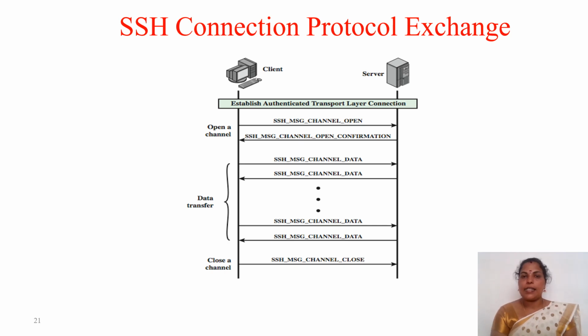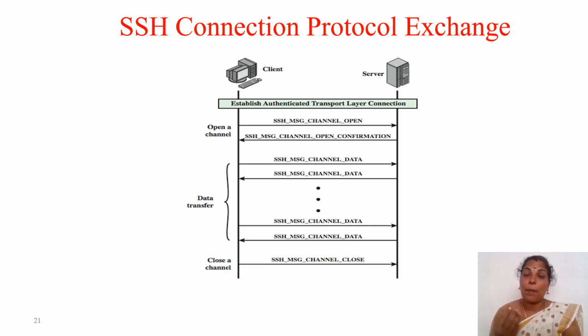Next is the SSH connection protocol exchange in a pictorial representation. First we have to establish a connection, then exchange the protocol, then transfer the data, then close the connection. See here, first we establish an authenticated transport layer connection. That is, we are opening a channel. For any operation, we have some message formats.